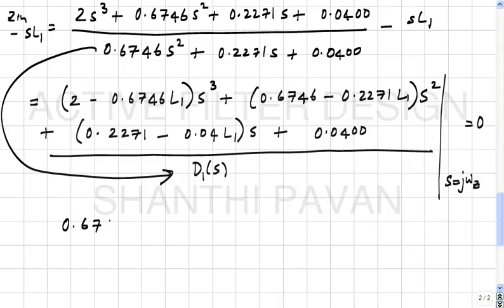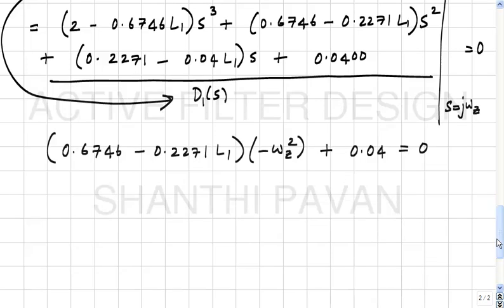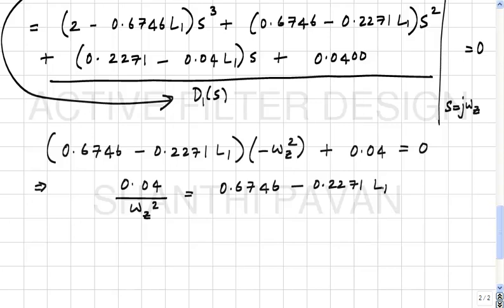So 0.6746 minus 0.2271 L1 times minus omega z square, right, plus 0.04 becomes equal to 0, which means 0.04 divided by omega z square must be equal to 0.6746 minus 0.2271 L1, which means L1 is what? 2.8384.